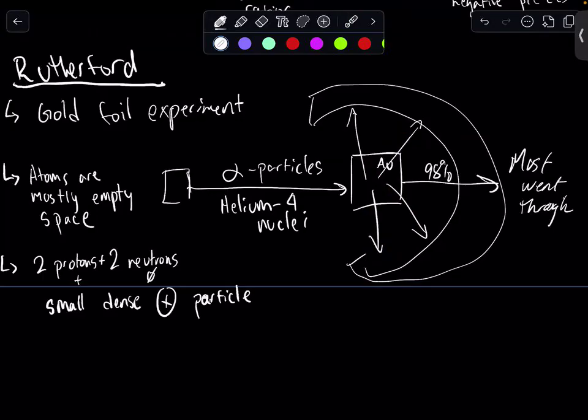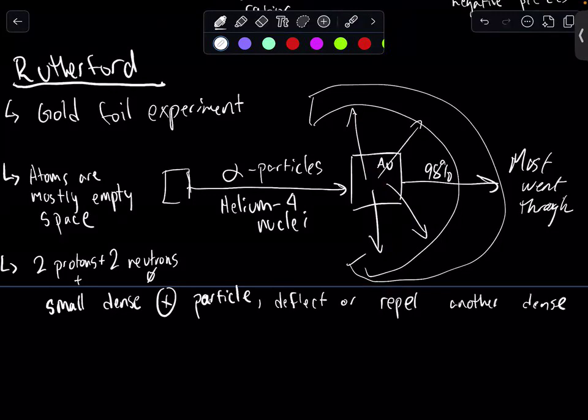Well, that small dense positive particle would deflect or repel another dense positive particle. And that is the nucleus.